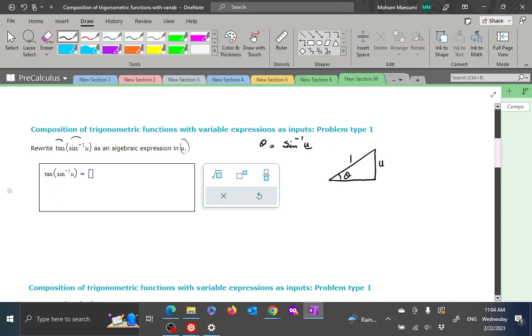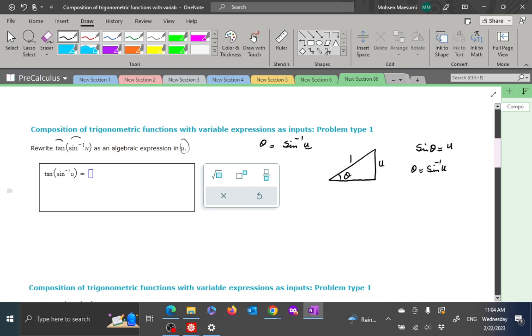The triangle is going to match the expression that we have if the side opposite theta is u. So sine of theta will be opposite over hypotenuse, which is u divided by 1, which is u. And theta is sine inverse of u.